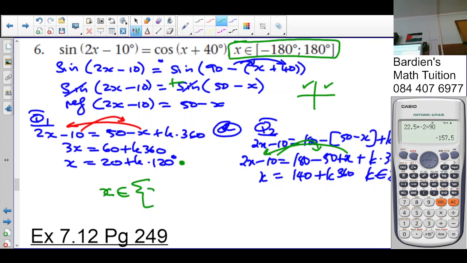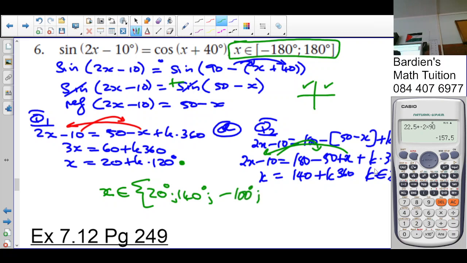That will be 20 degrees. Then I say k is 1. If k is 1, then this will be 140. If k is 2, it's going to be 260, which is outside the given domain. Now I put minus 1 in. 20 plus negative 1 times 120 is negative 100, which is inside that given domain.